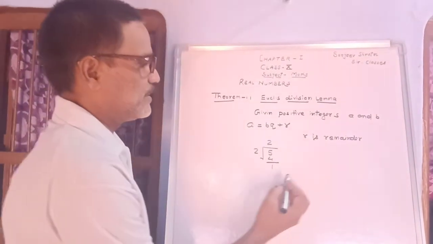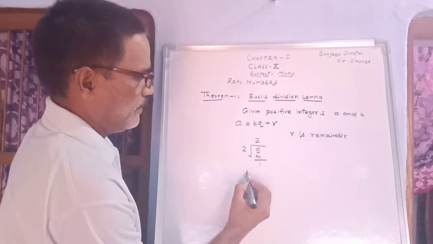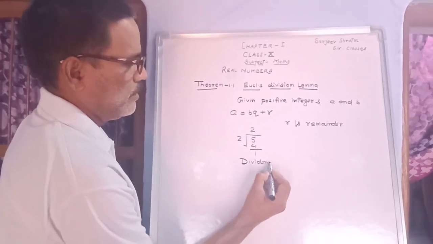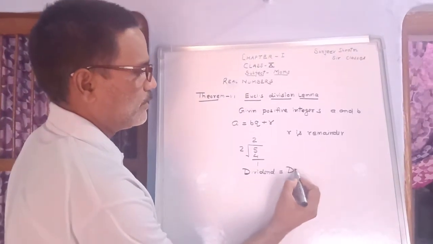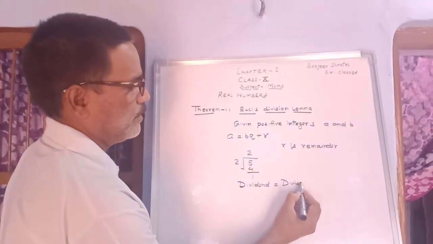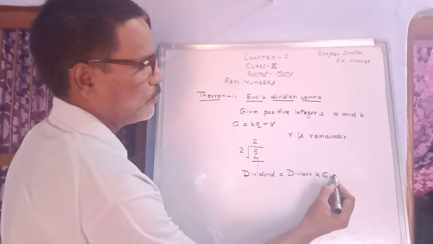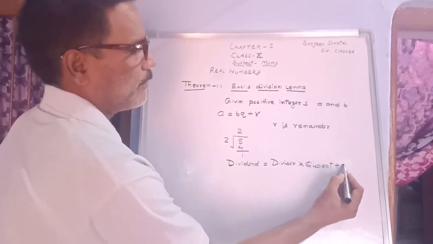We can write this as dividend is equal to divisor into quotient plus remainder.